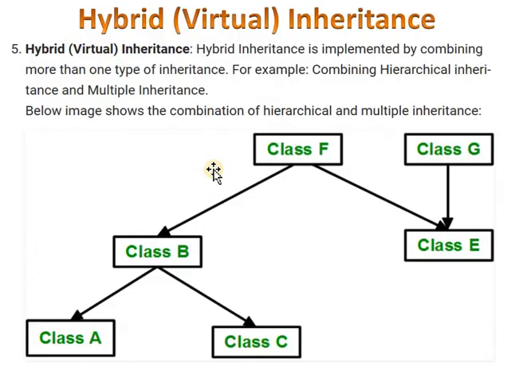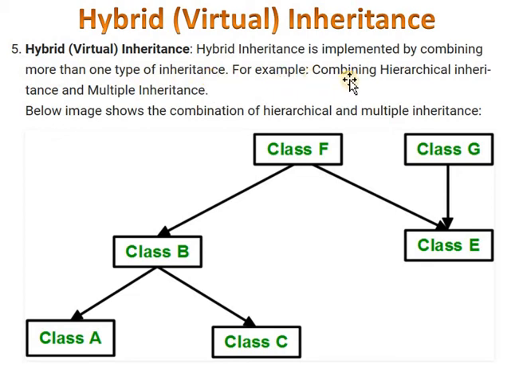Next type of inheritance is the hybrid inheritance. The hybrid inheritance is also called virtual inheritance. What is hybrid inheritance? Hybrid inheritance is implemented by combining more than one type of inheritance.